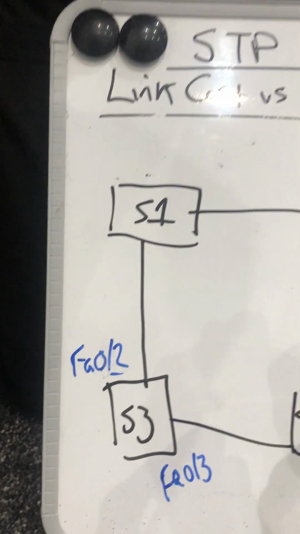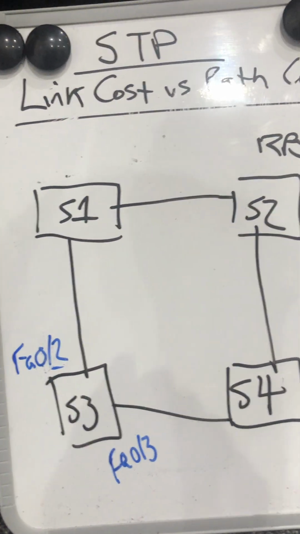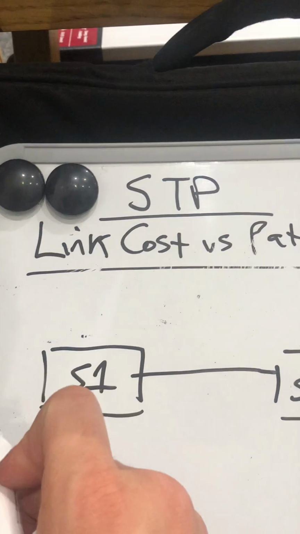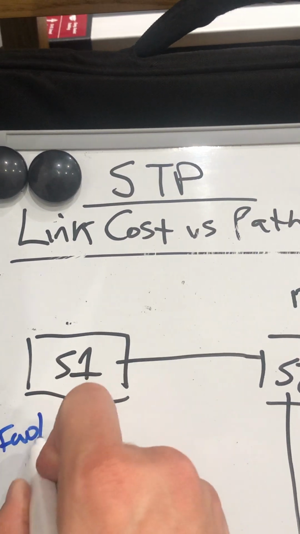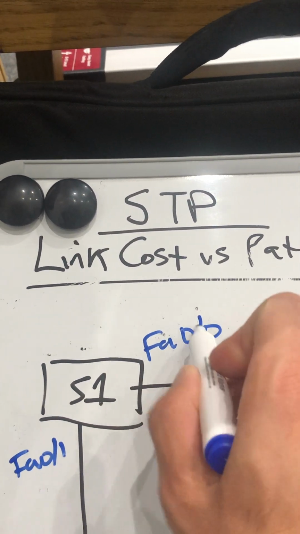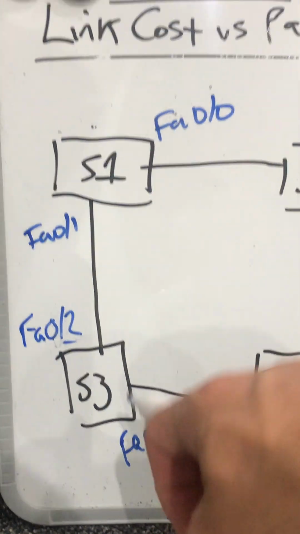And on switch 1, we've got FA 0/1 and FA 0/0. So these are all fast Ethernet.